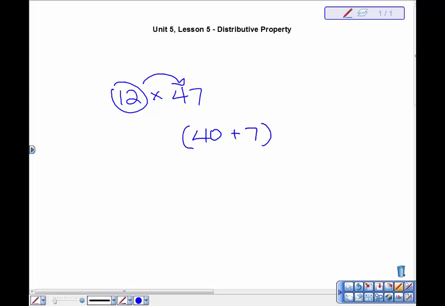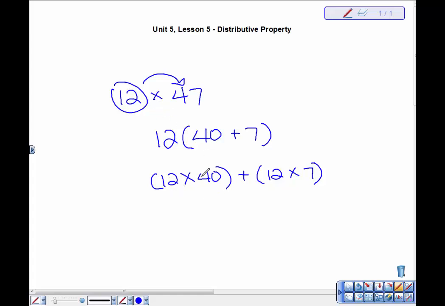So I'm breaking 47 into two pieces, 40 and 7, and I'm giving the 12 to both of those. So I'm going to do 12 times 40 plus 12 times 7.